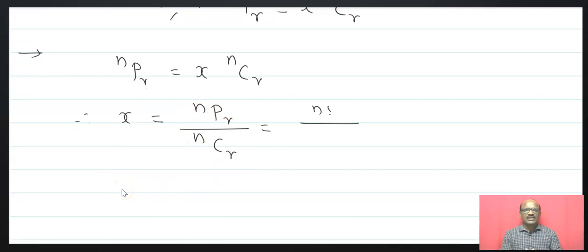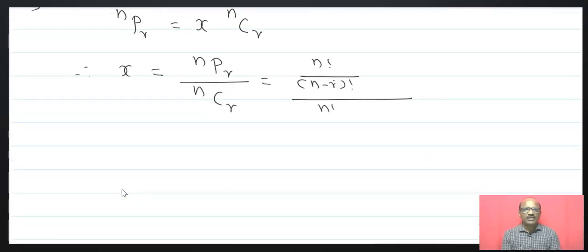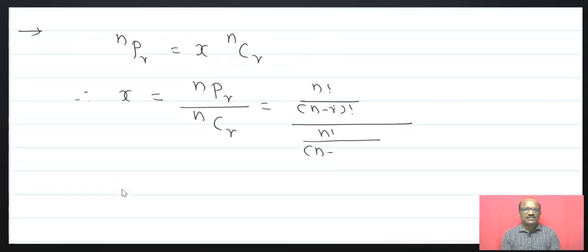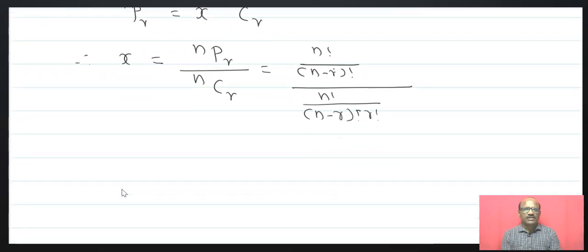Now evaluate this. n factorial upon (n minus r) factorial, upon n factorial upon (n minus r) factorial into r factorial. Now (n minus r) factorial and n factorial get cancelled. You will get x is equal to r factorial.